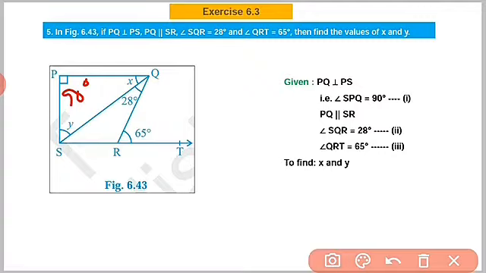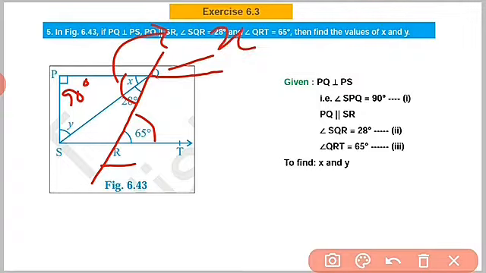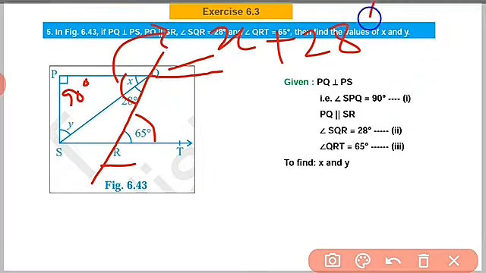We have been given that PQ is parallel to RS and QR can be considered as a transversal. So this complete angle will be equal to this angle. Yes, alternate interior angle, and this angle is made up of X and 28 degree.